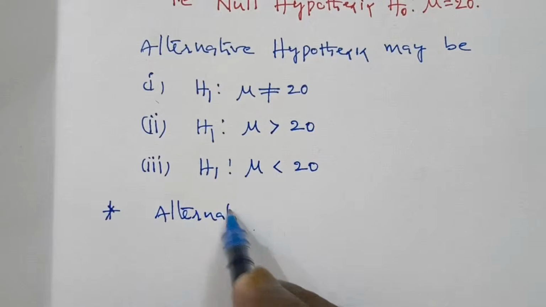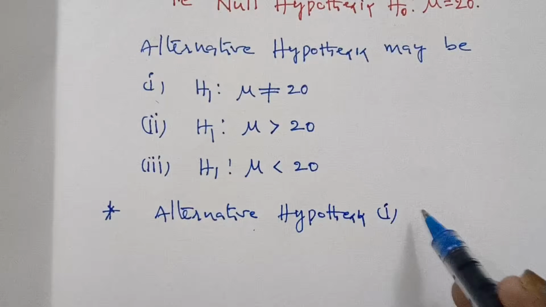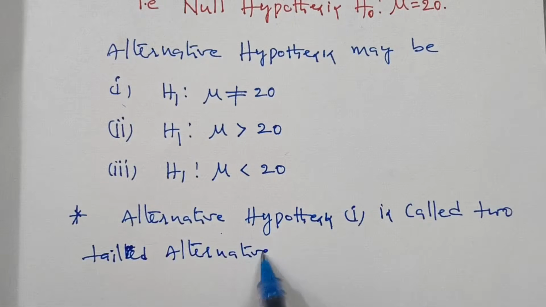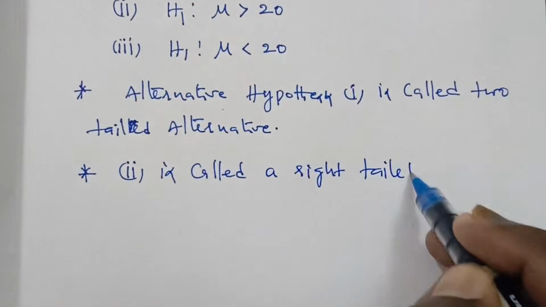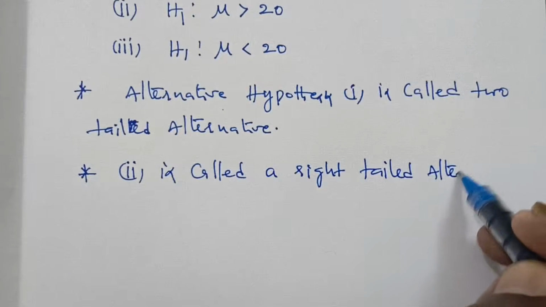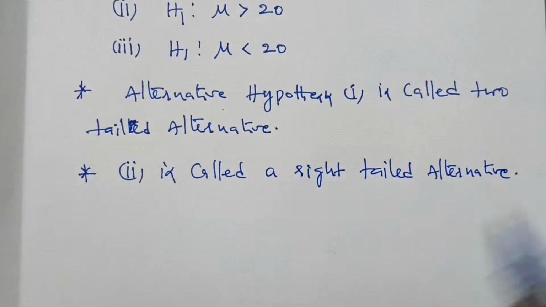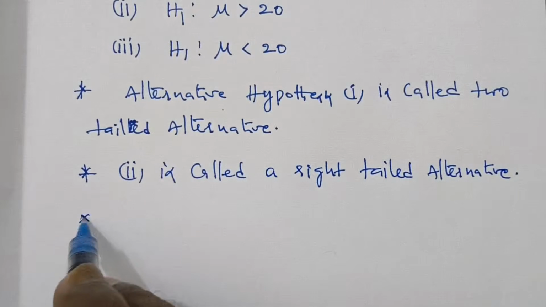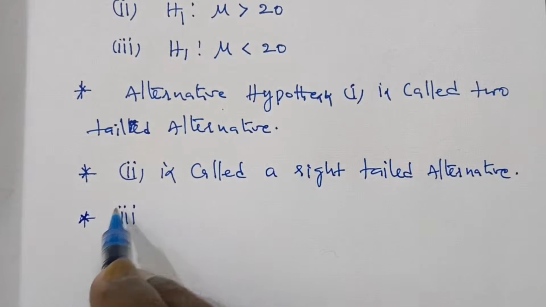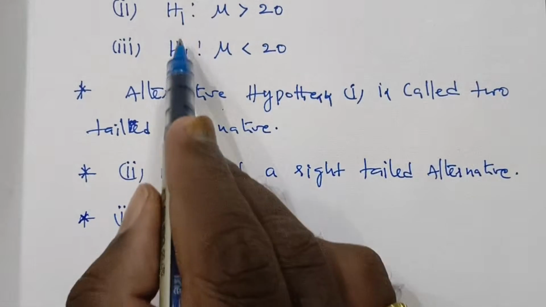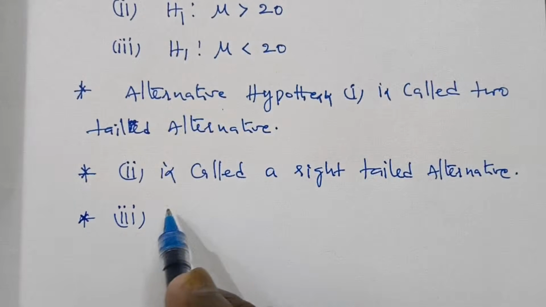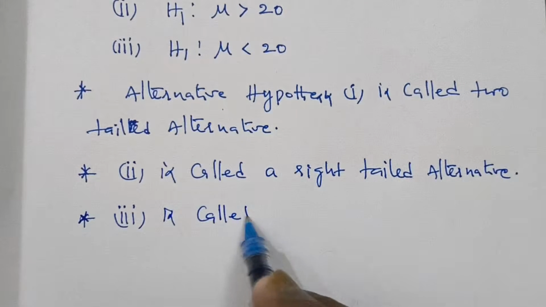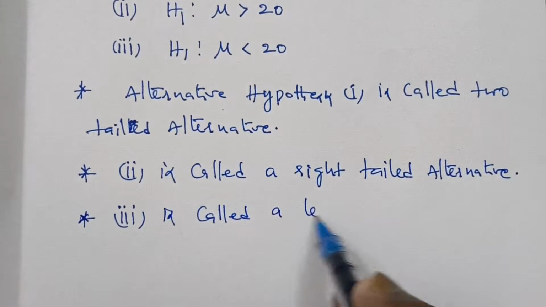From the above three points, we have some important points here. The first point is called two-tailed alternative. The second point above is called right-tailed alternative. The third point above, that is mu less than 20, is called left-tailed alternative.